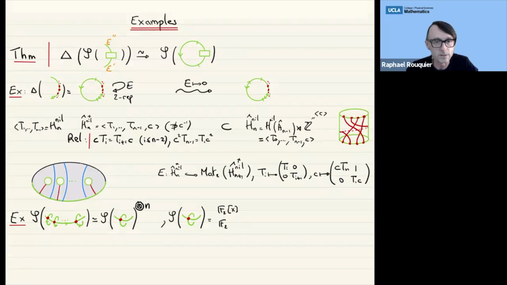Okay, let me comment on that quickly. There's something very strange happening: the affine Hecke algebra of GLn can be embedded in the one of GLn plus 1. Because at the level of the finite Hecke algebra, you can embed the one of Sn in the one for Sn plus 1.